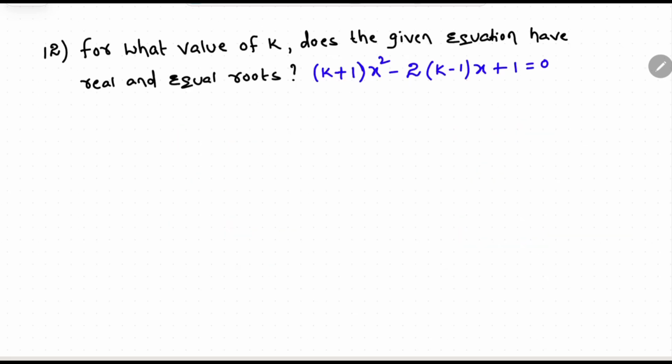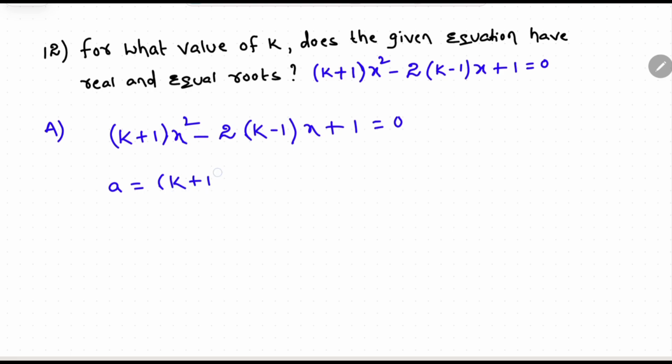So in the problem, the given quadratic equation is k plus 1 into x to the power 2 minus 2 into k minus 1 x plus 1 equals 0. From the given equation, we have to write a, that is k plus 1.